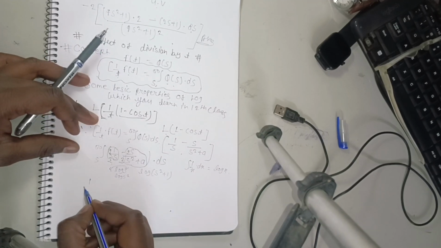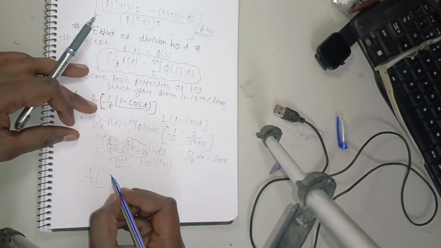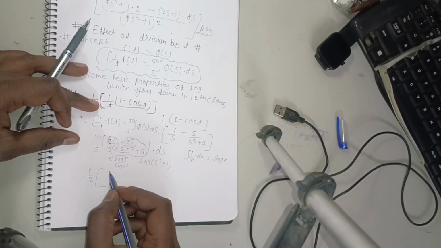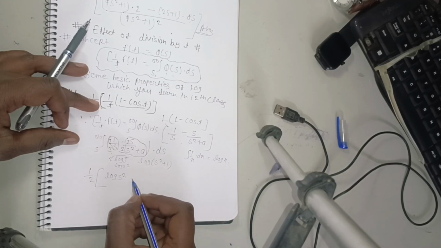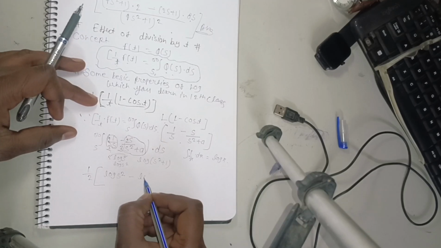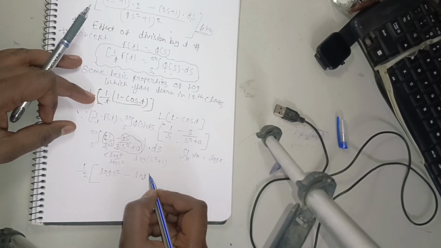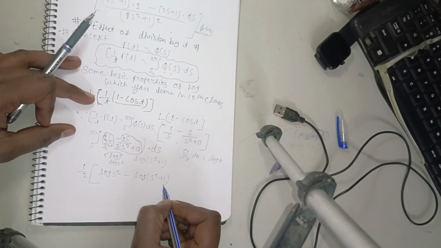So I will take 1 by 2 common, and we have log of s square minus log of s square plus 1.